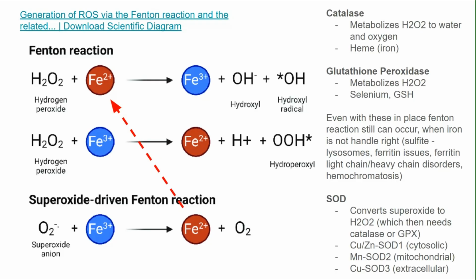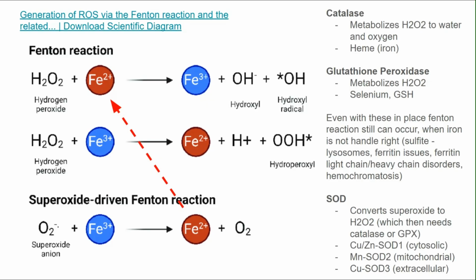And then also if you have a problem with ferritin, for example, I had one client who had hemochromatosis and was taking very high dose vitamin D, which was pushing down ferritin even more, which allows iron to be more free in the blood. And so that can cause the Fenton reaction in the blood when there's too much unbound iron.